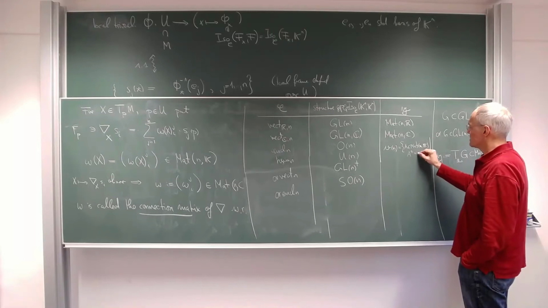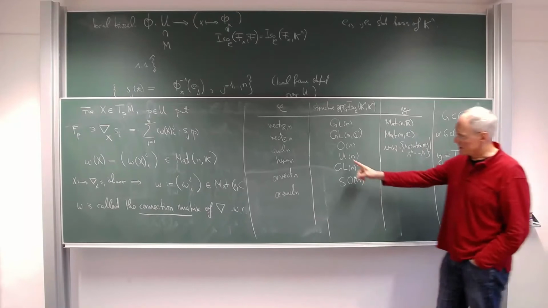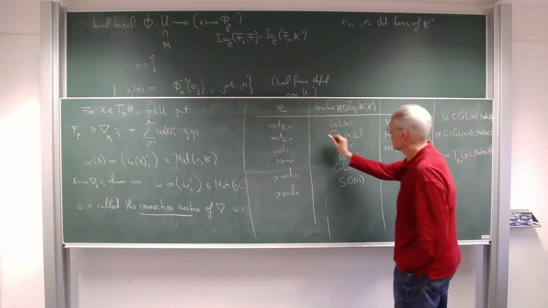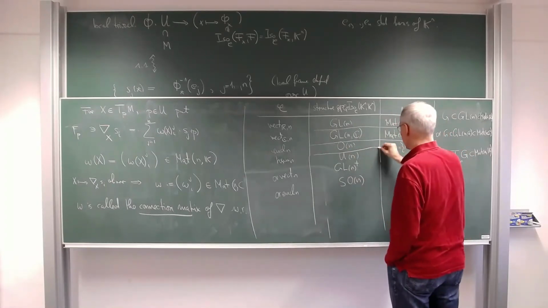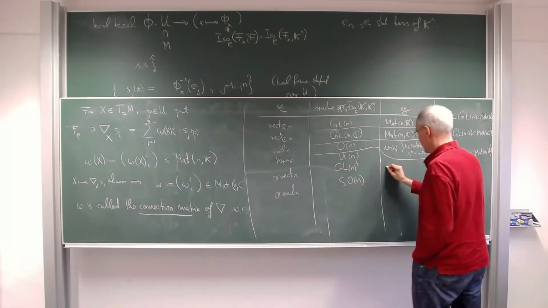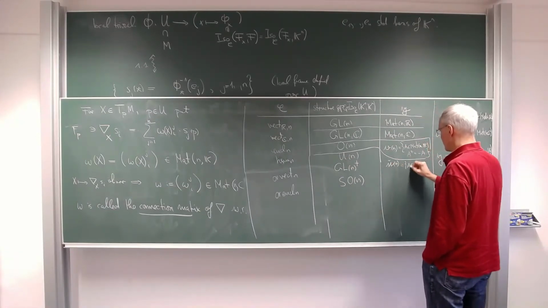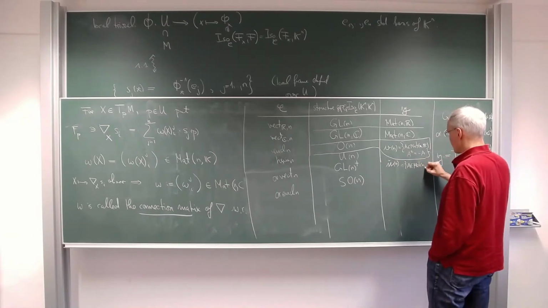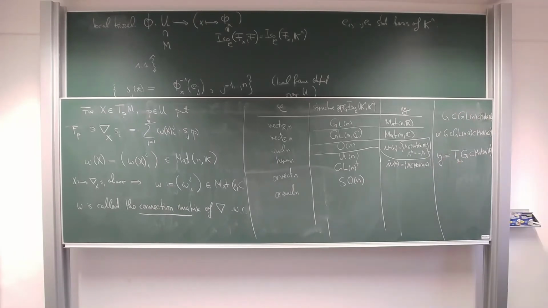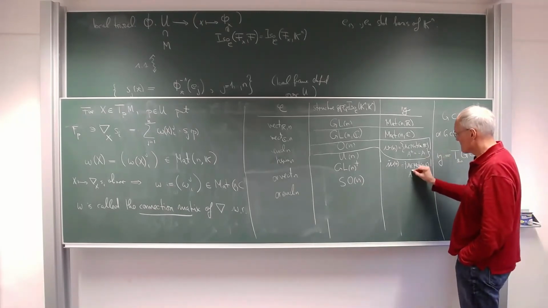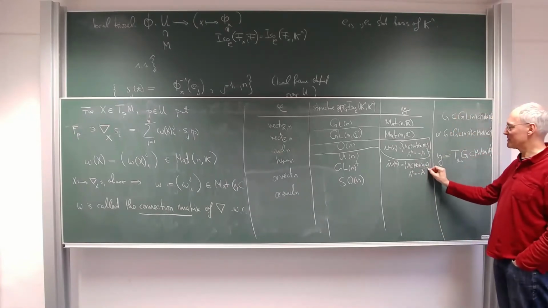A transpose is minus A. Exactly. And similarly, in the case of U(n), we get a little u(n), and those are the complex matrices for which what is true? This looks good, right?